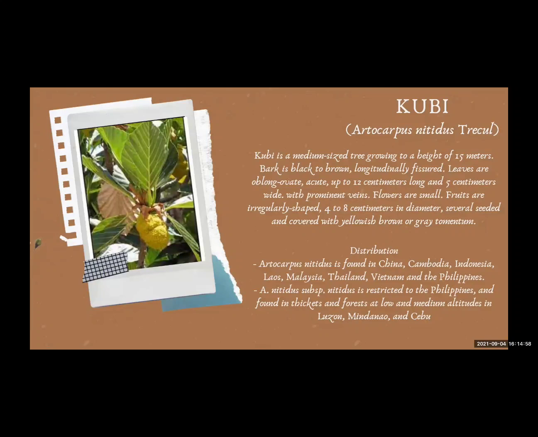Flowers are small. Fruits are irregularly shaped, 4 to 8 centimeters in diameter, several seeded and covered with yellowish brown or gray tomentum. Artocarpus can be found in China, Cambodia, Indonesia, Laos, Malaysia, Thailand, Vietnam, and the Philippines.